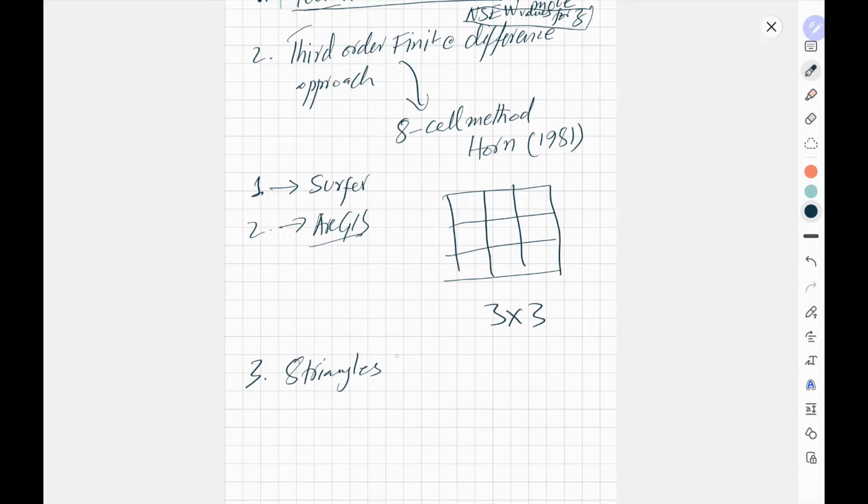I will draw that, then you will get to know how it is. It looks somewhat like this.